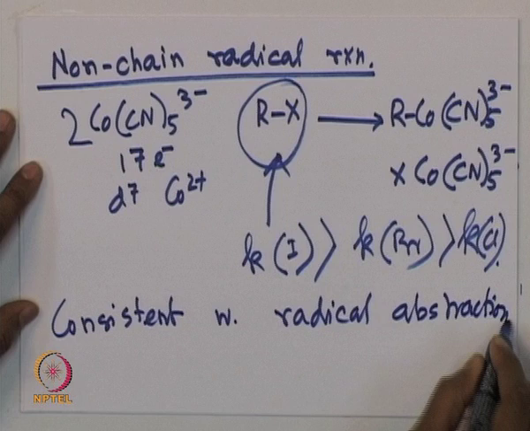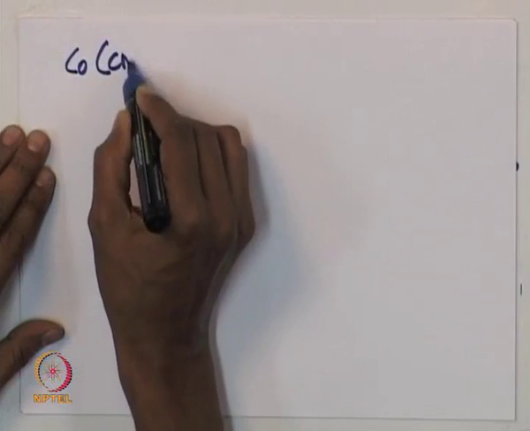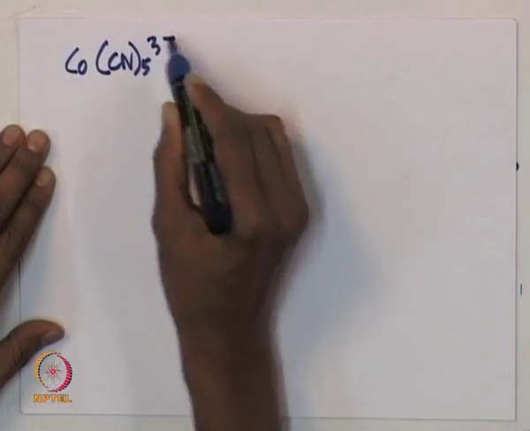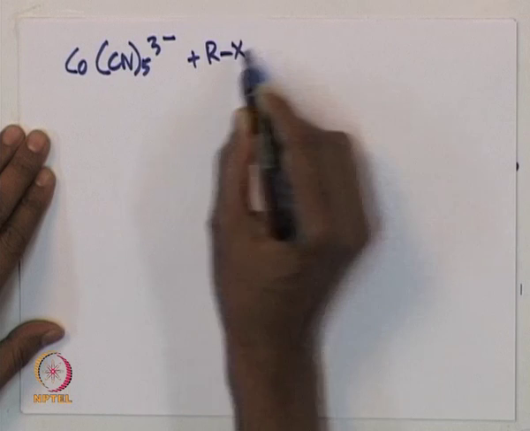Now, of course, it is a non-chain radical. It happens in a stepwise manner. So, the cobalt complex, which is the 17 electron species, will react with RX in a stepwise fashion. Let us write down the stepwise reaction mechanism. So, Co(CN)5 3- reacts with RX.